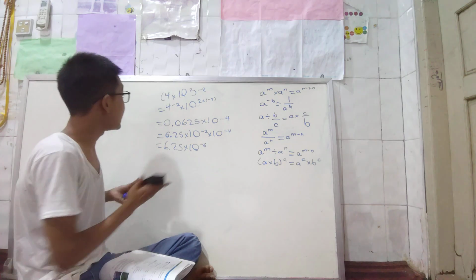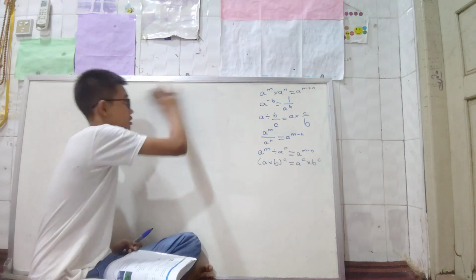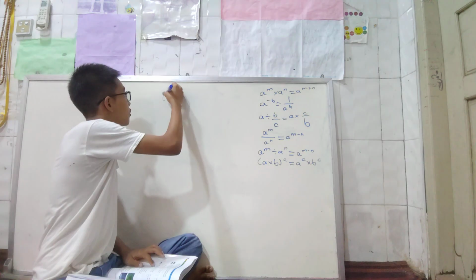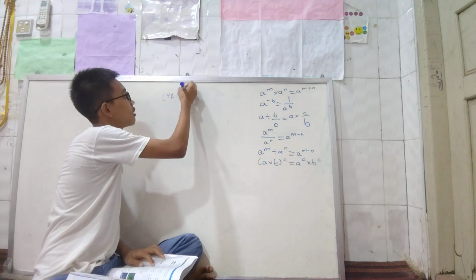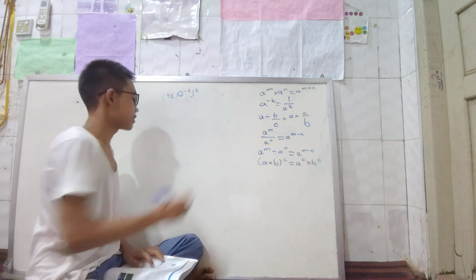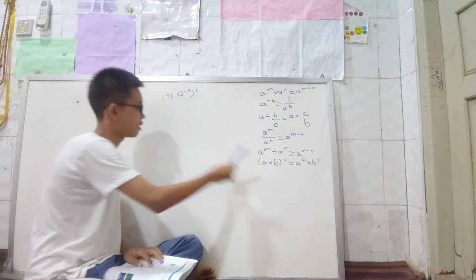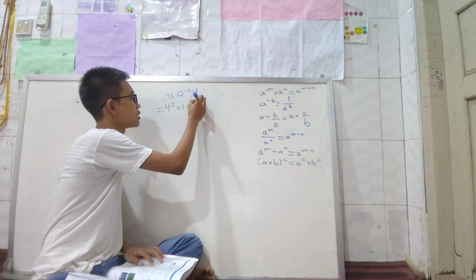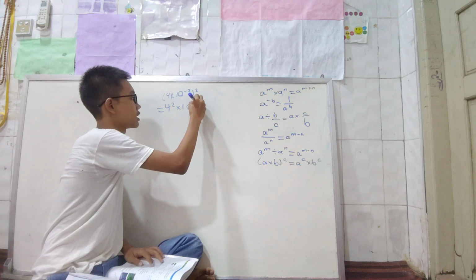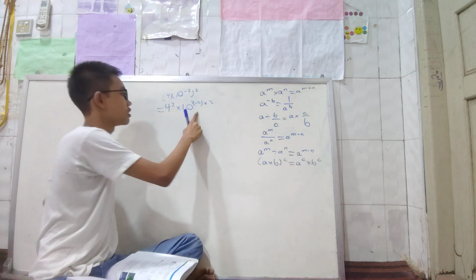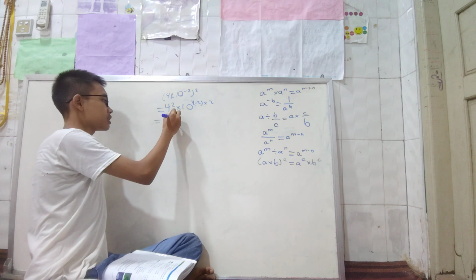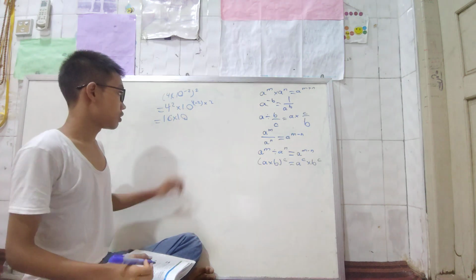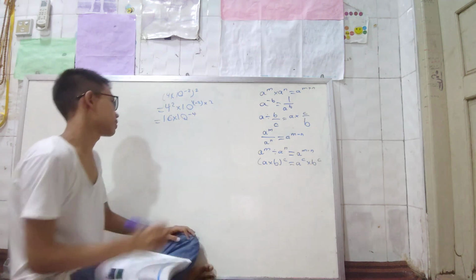So let's go to number 18. Number 18 is 4 times 10 to the power of minus 2, squared. Again, we're going to use this property. So 4 squared multiplied by 10 to the power of negative 2 multiplied by 2. So 4 squared is 16, and then 10 to the power of minus 4 here.